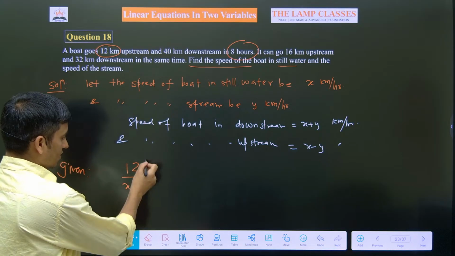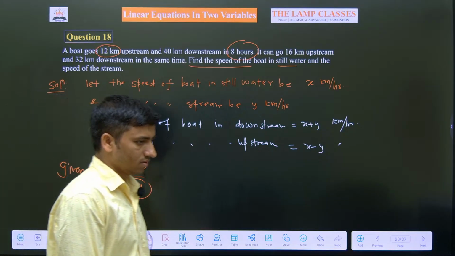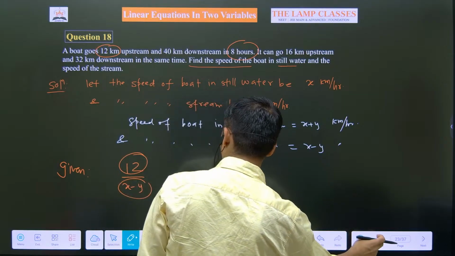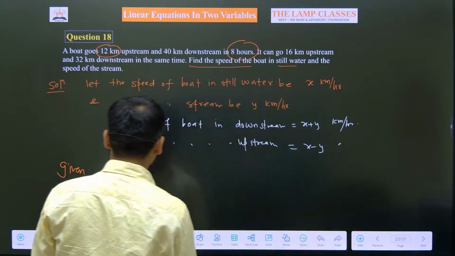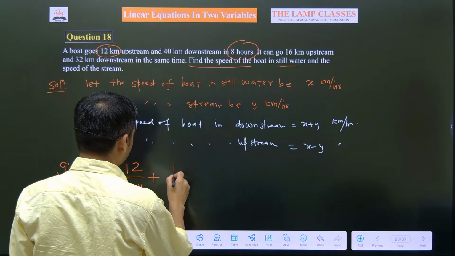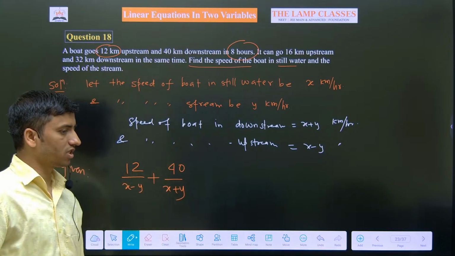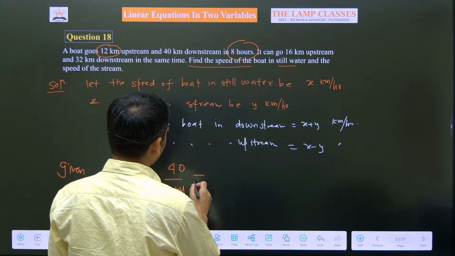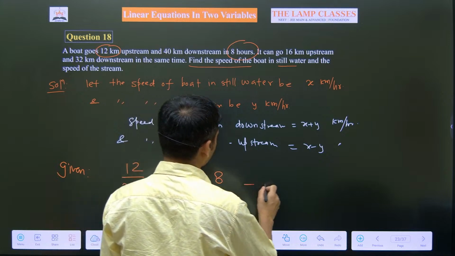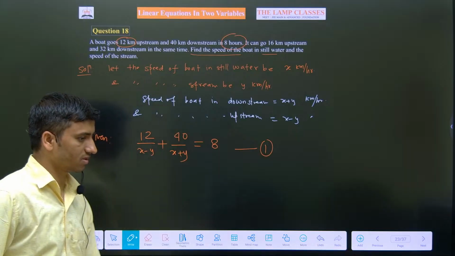Can I say this is the distance and this is the speed? So this plus 40 kilometers downstream, that means 40 upon x plus y. So this is the total time. That time is given 8 hours. That is equation number 1. I hope we are understanding how we are framing the equations.